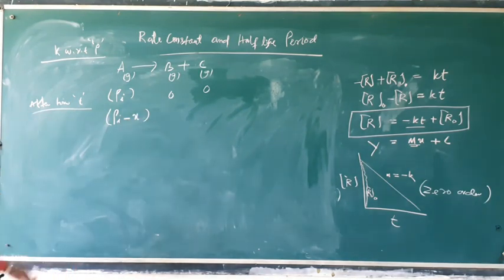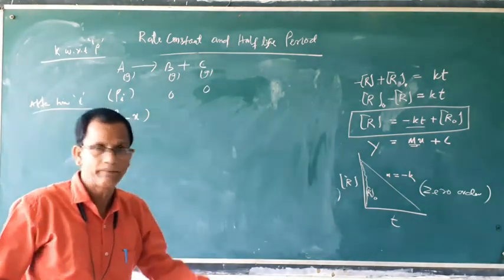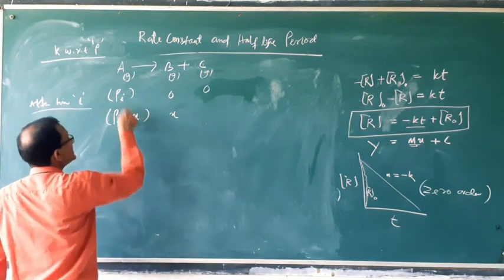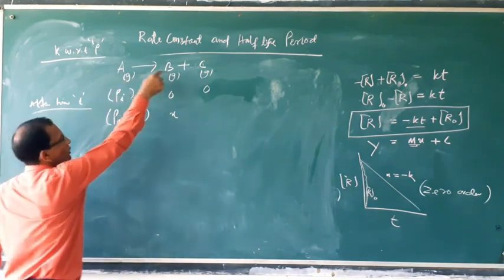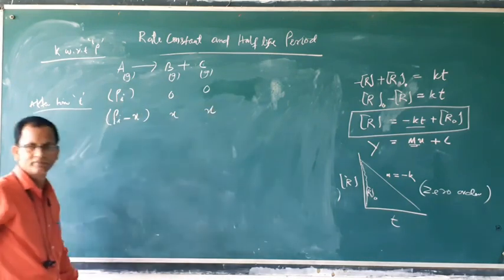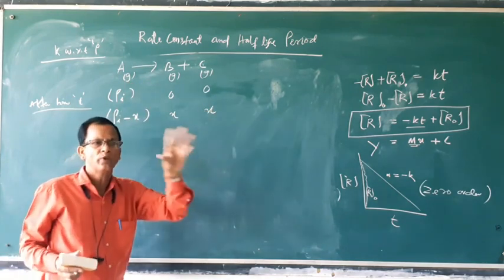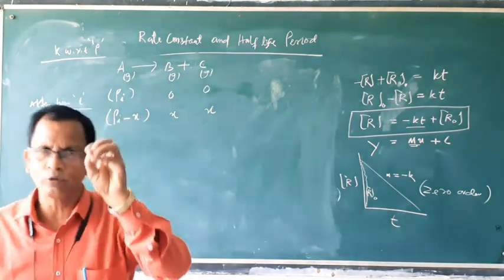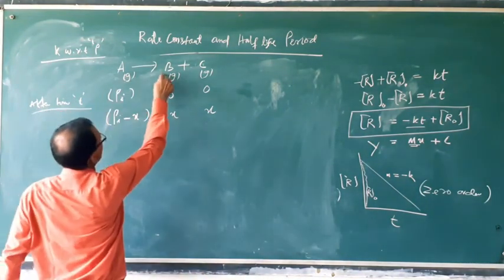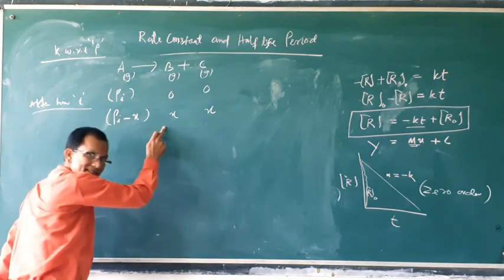After time t, Pi minus x is the pressure of A. B will give how much? x, because x is consumed. As it is 1 mole, it will be x. C also x. When A reacts, it produces B and C; the amount of product depends upon the amount of reactant consumed. Here A, B, C are 1 mole, 1 mole, 1 mole. When A consumes x amount, B will be x, C will be x.